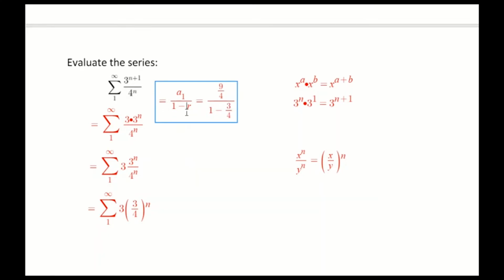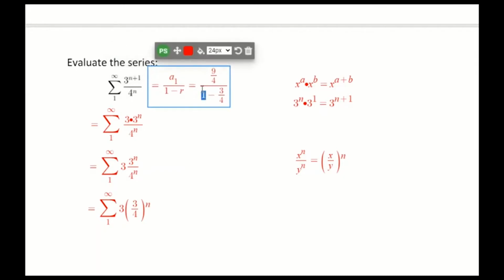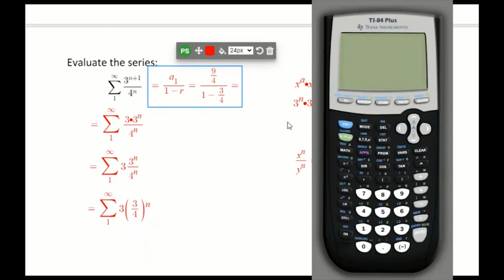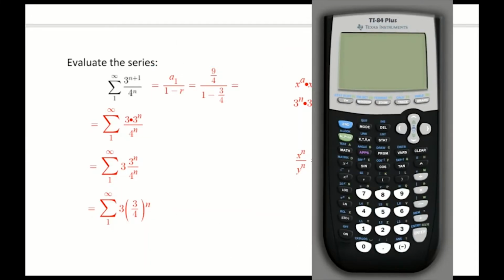Now, don't try to be a hero and do this in your head, although this isn't that bad. You do need a common denominator here and all that. But the safer way is just to throw it in the calculator, I think. So let's pull up that calculator. And we've got, let's set up this little fraction: 9/4 divided by 1 minus 3/4.